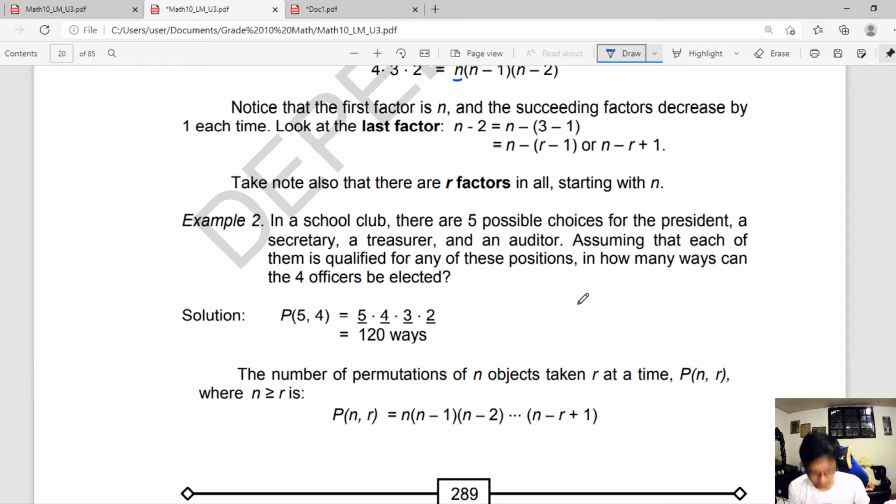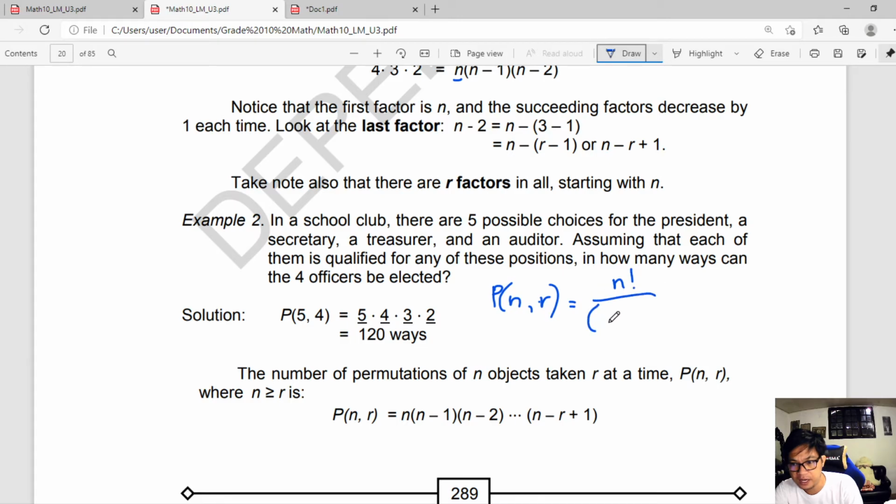So using the formula on permutation, this is permutation because there is an arrangement, because yung president, vice president may pagkasunod-sunod, so meron siyang arrangement. So by using the formula of permutation, which is permutation of n taken r at a time is equal to n factorial over n minus r factorial. So ito yung formula, no, where n is greater than or equal to r.